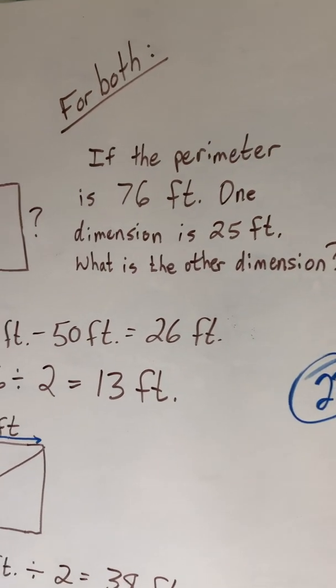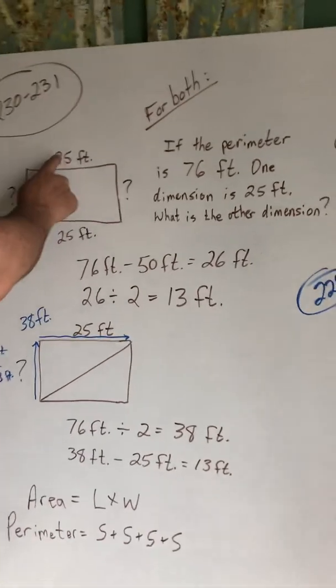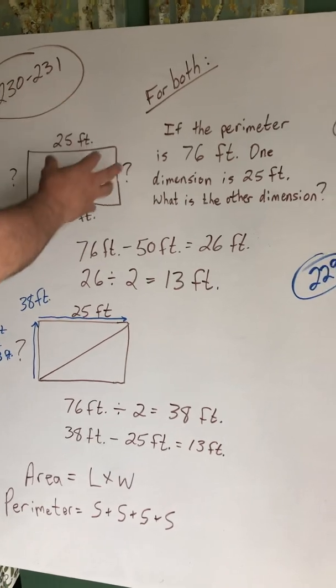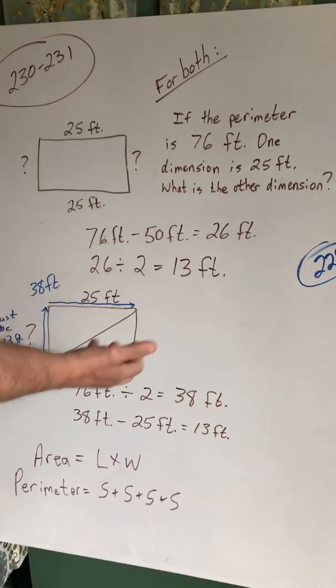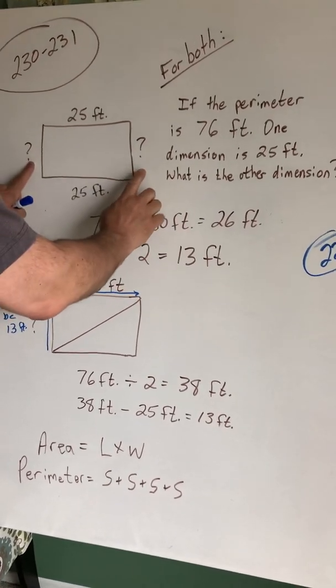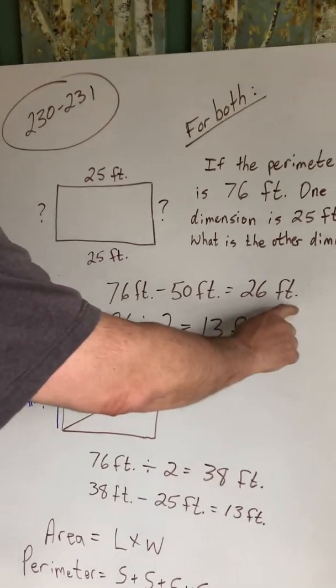Well, remember how back in March we were talking about, well, if we know this plus this is 50 and the total is 76, if you do 76 minus 50, you get 26 feet, okay? So that means this side plus this side is 26 feet.